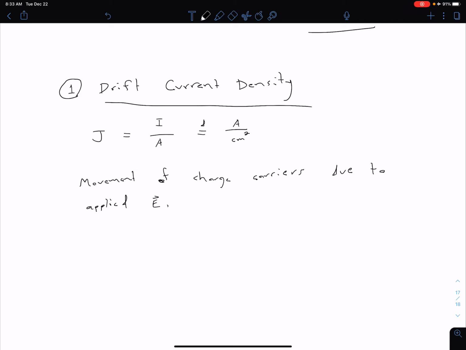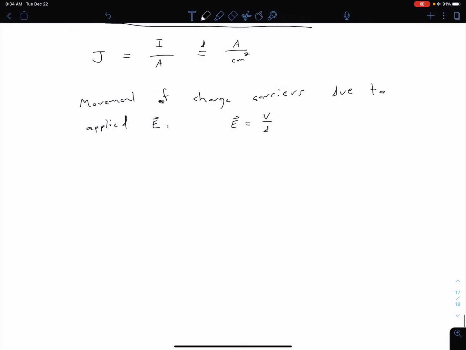Ultimately this electric field is created from some voltage. Simplistically, if we say we have a uniform field, our electric field is equal to voltage divided by the distance between two parallel plates in the simple case. Right now, don't worry about that too much, but just know that the electric field results from a voltage we apply to the semiconductor.